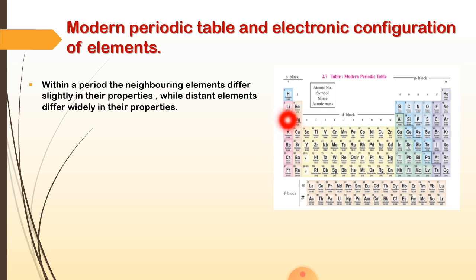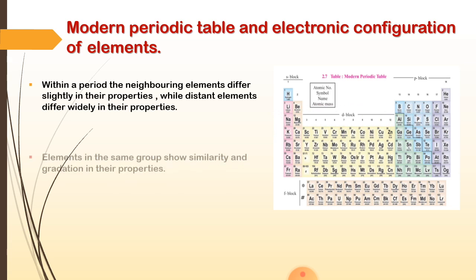These two elements are at a very small distance from each other. They are neighboring elements, so they show similarity. But if we take an example of Li and oxygen or nitrogen, then we will see that these two elements are at a very large distance from each other, so they show changes in their properties.